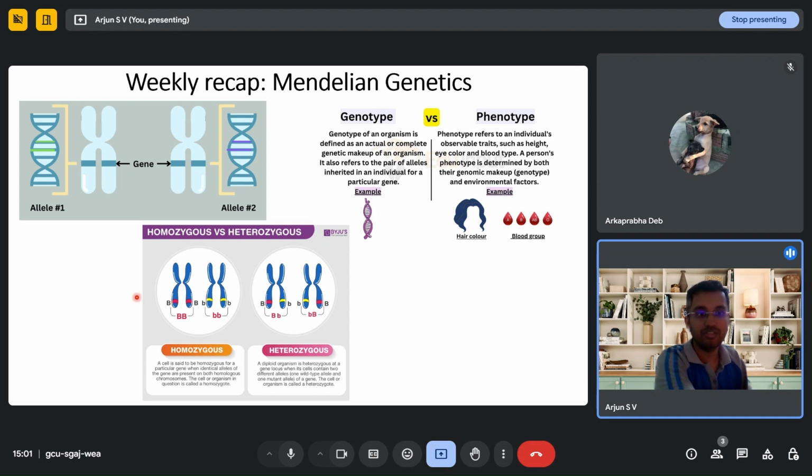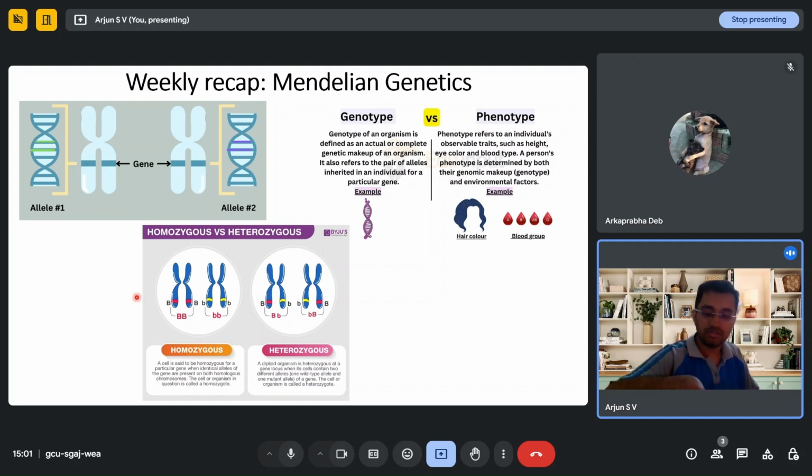So in week 4 of this course, what we generally went through was Mendelian and non-Mendelian genetics. Overall, it was 4 parts of genetics along with the clinician's perspective of point of care diagnostics.